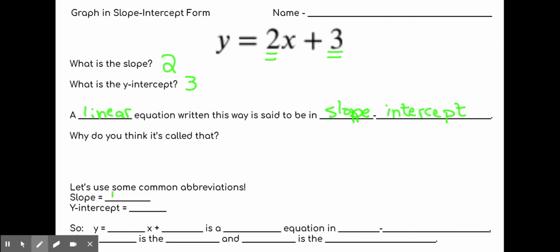The abbreviation for slope is a lowercase m. M is the abbreviation for slope, and the abbreviation for the y-intercept is a lowercase b. Lowercase m, lowercase b.